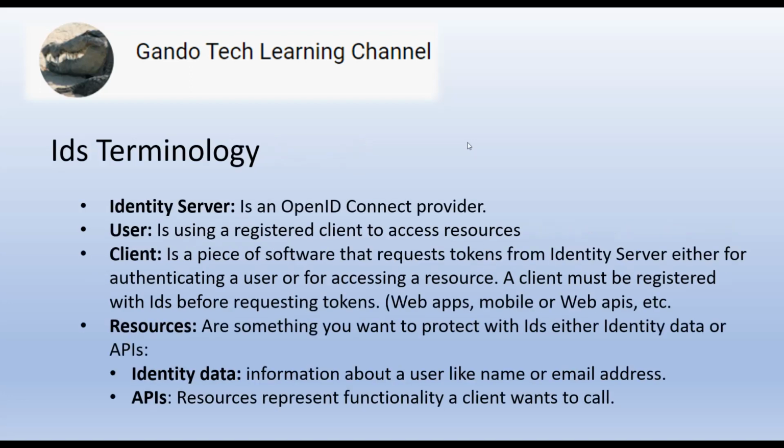So the second thing is the terminologies which are used as part of IDS, those keywords which you will hear a lot once you're using the identity server. The first thing is the identity server keyword. You already know about that. It's that middleware which helps you to authenticate users, which means allowing users to log into your product.